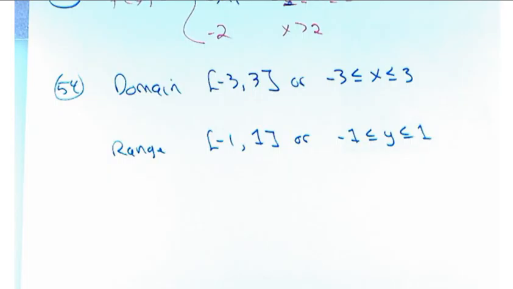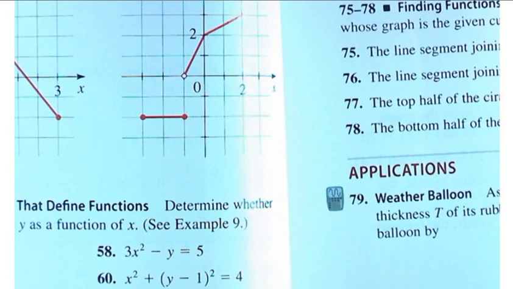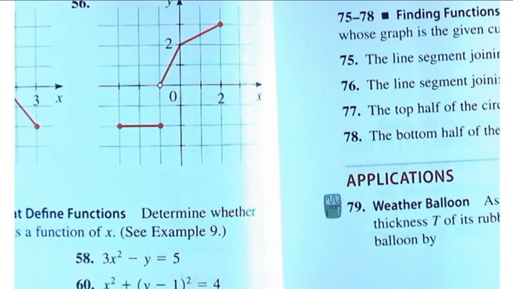Let's finish this up with one more problem like that for domain and range. That next problem is going to be 56. Okay, so again, you want to determine the domain and range.